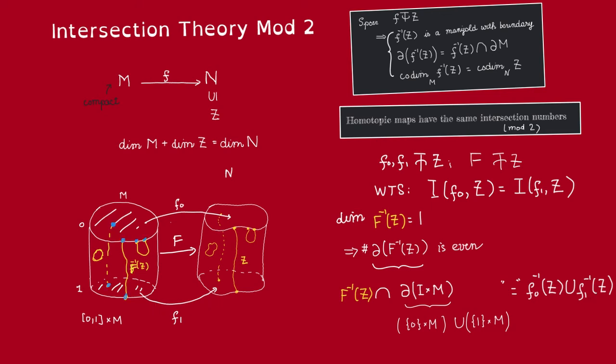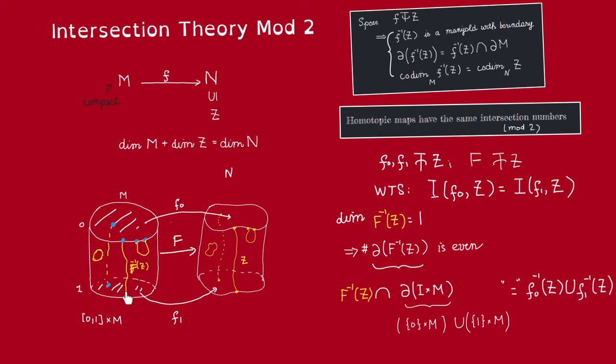For example, in this drawing, I illustrate this intersection by these blue points. And as you see there, the union of two parts, these top blue points are just the preimage of Z under f0, and these bottom blue points are just the preimage of Z under f1. Now, as we said, because this preimage is a one-dimensional manifold, its boundary must have an even number of points.